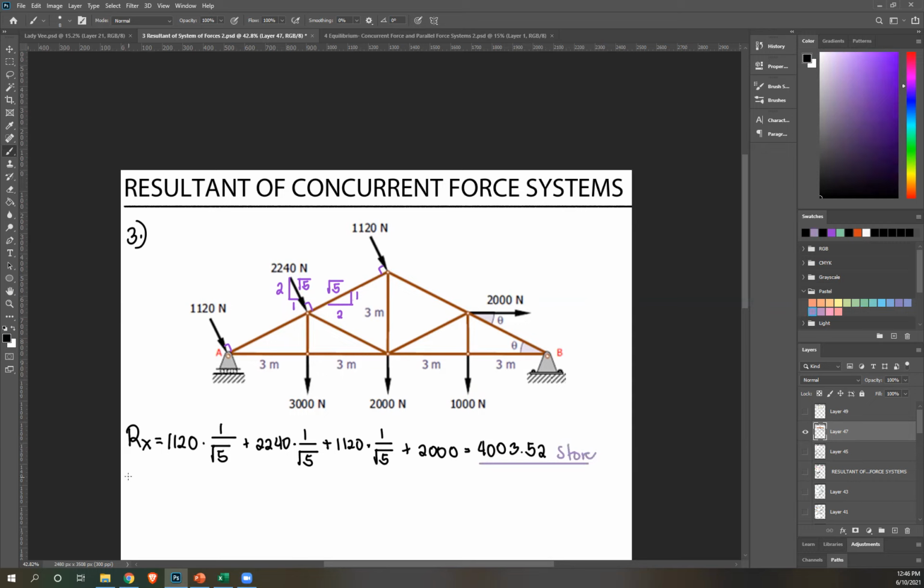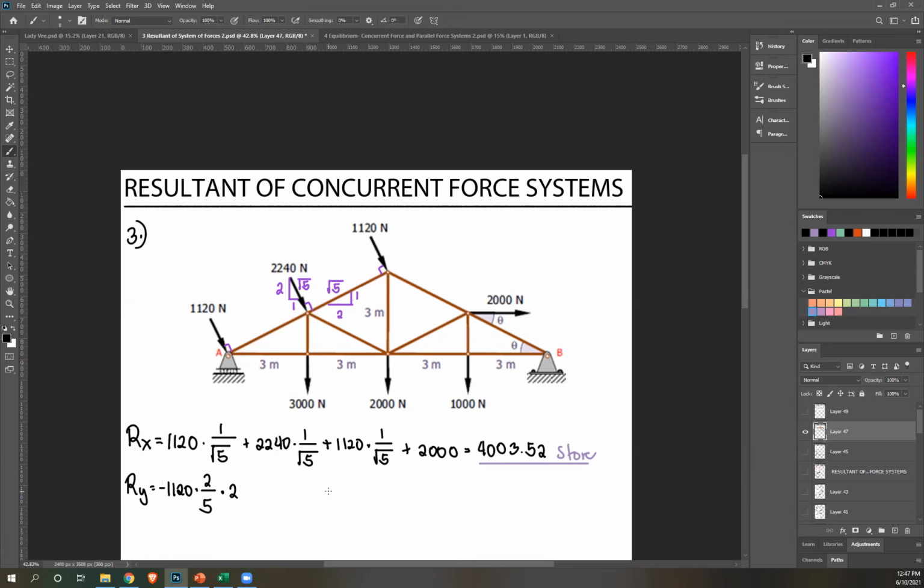Next, Ry. So 1120, starting here, downward, so that's negative 1120, vertical component, so vertical side, that's 2 over hypotenuse square root of 5. Now, if you've noticed, these two are parallel and they have the same magnitude. So since they're the same, I'll just multiply this by 2, since as you can see, they give the same equation.